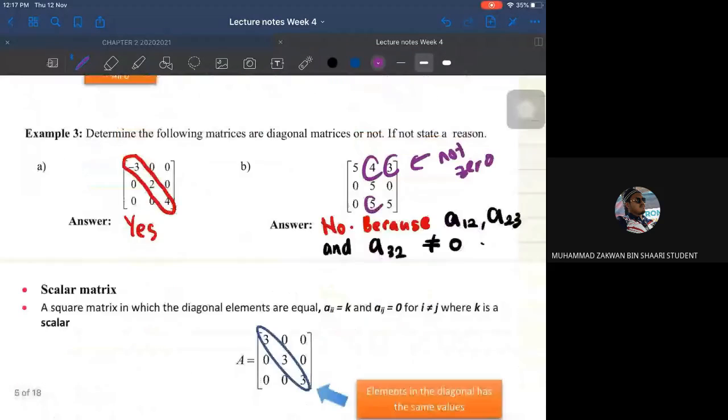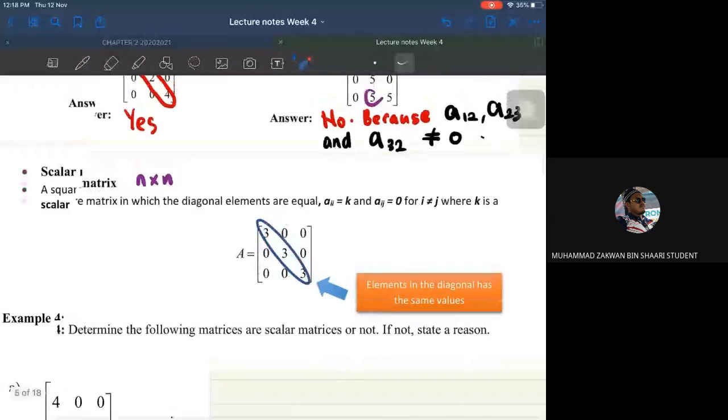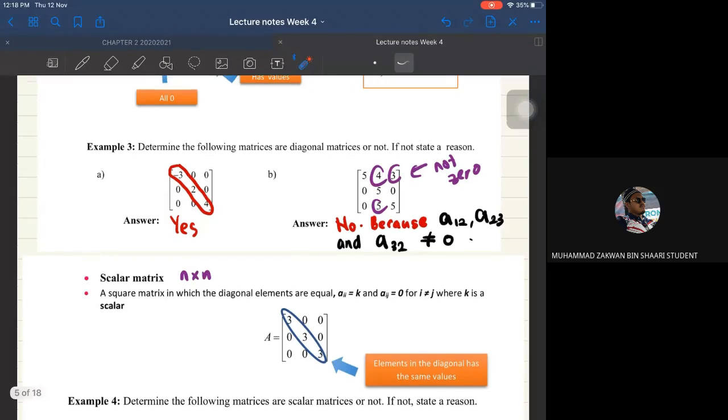Okay, the next one is scalar matrix. So scalar matrix is also a square matrix, which means it must be of size n by n, in which the diagonal elements are equal and all the others are zero. There is a difference between diagonal matrix and scalar matrix.